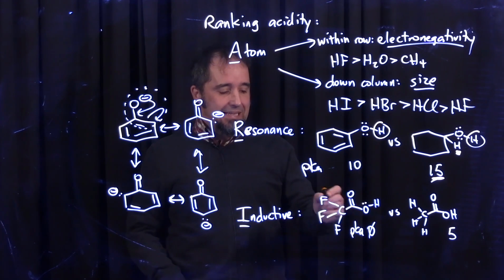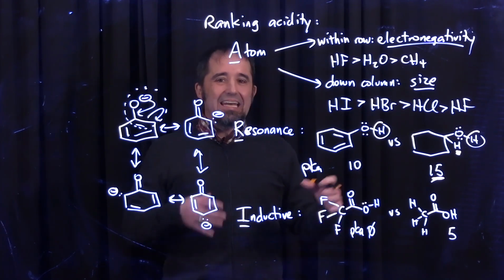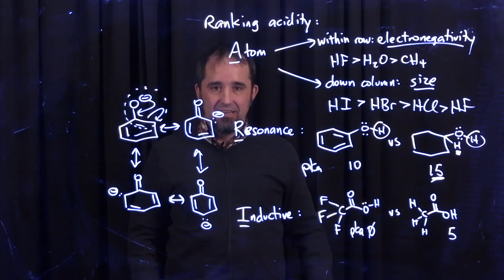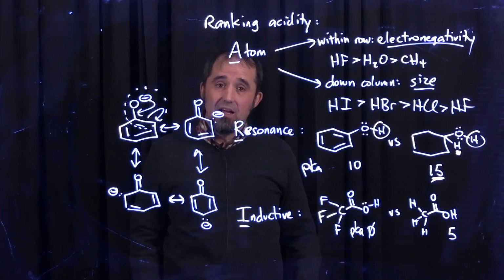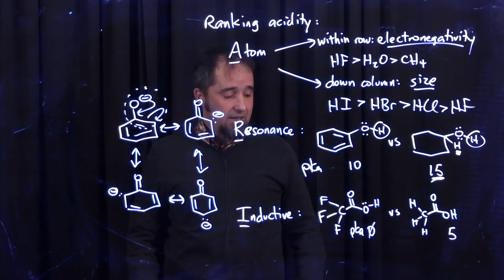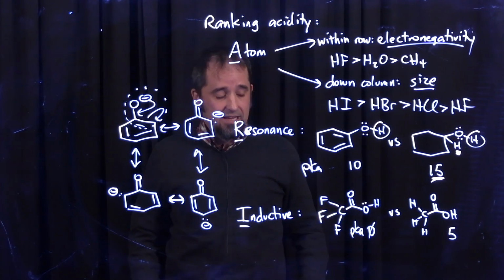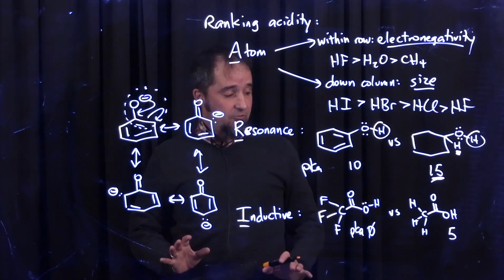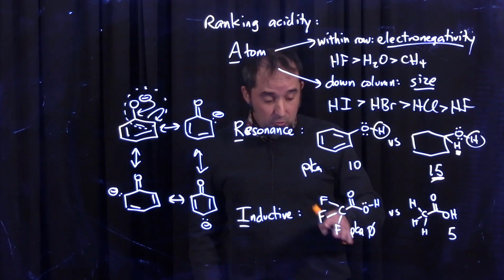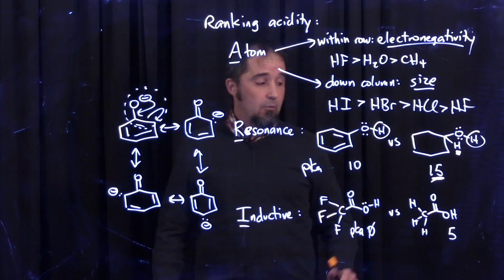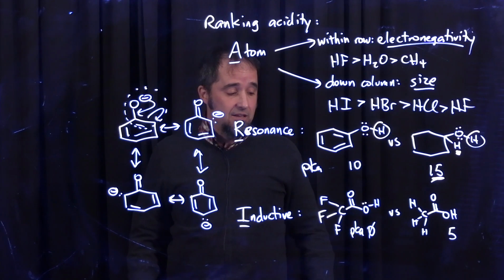But having really electronegative elements anywhere near that minus sign in the conjugate base is going to stabilize the conjugate base and make it a better acid. Again, we went over this in some detail in the last video. So the inductive effect here, having 3 fluorines compared to hydrogens, will lower the pKa by about 5. So that's a lot.